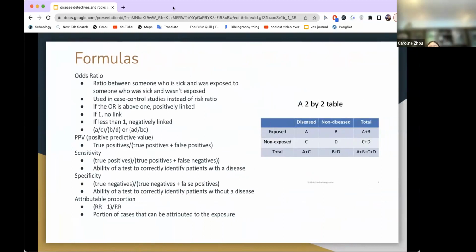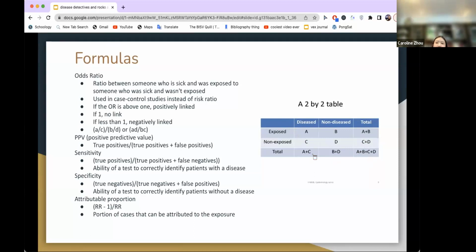Okay, still more formulas. This is basically the same table, except just expanded a little bit. The odds ratio is the ratio between someone who is sick and was exposed and someone who was sick and wasn't exposed. It's used in case control studies instead of risk ratio.